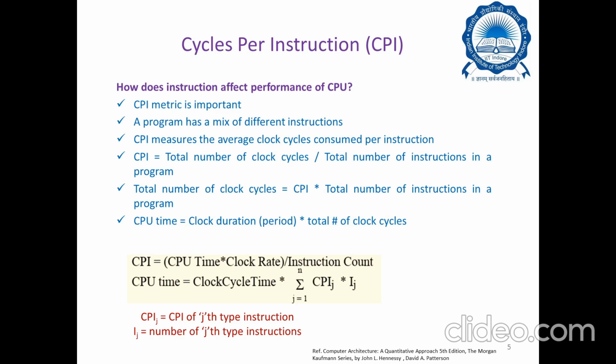The one inside the summation function gives you the number of clock cycles, right? And we have clock cycle time, which is seconds per cycle, because it's actually the inverse of clock rate, which is the clock period. So clock cycle time is nothing but the clock period, right? So seconds per cycle multiplied by the total number of cycles gives you back CPU time in seconds.